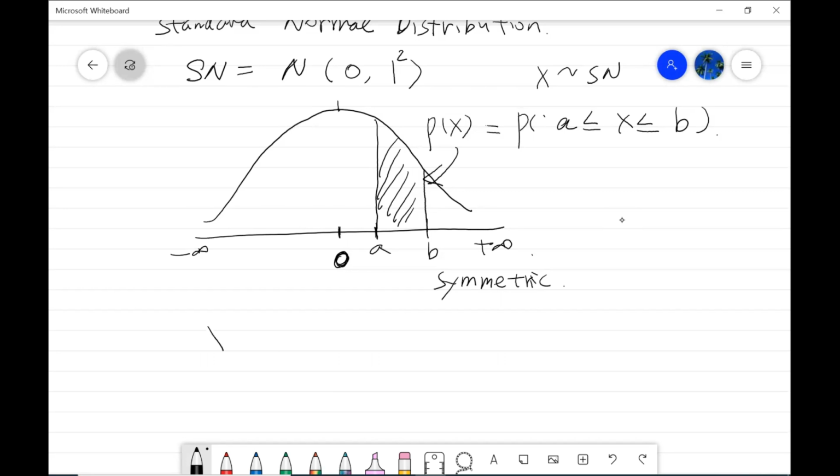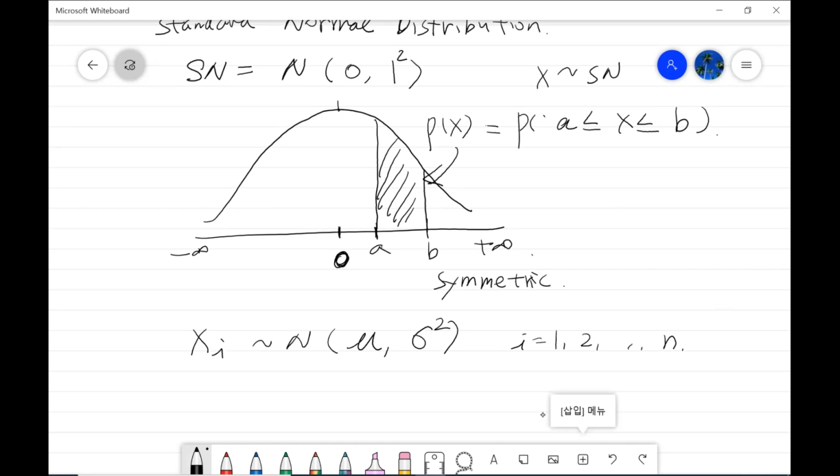Let's say Xi follows the normal distribution with mean mu and variance sigma squared, for i equals 1, 2, until n.